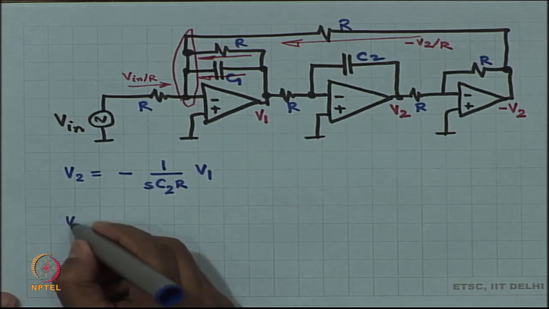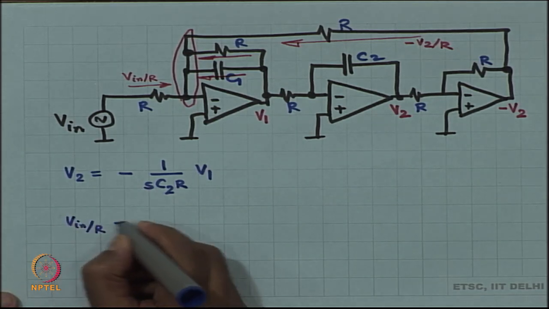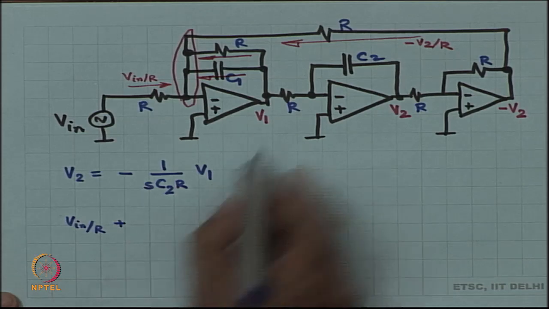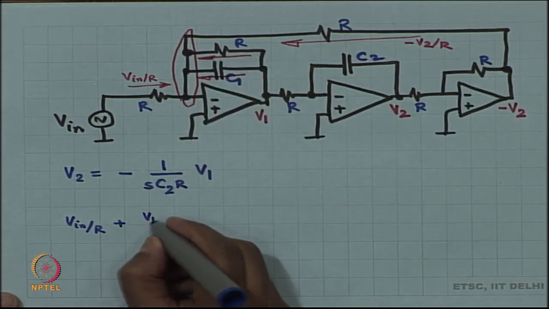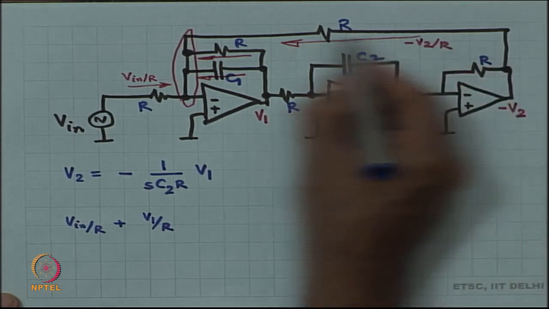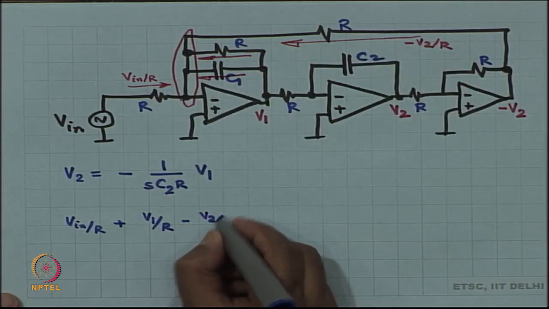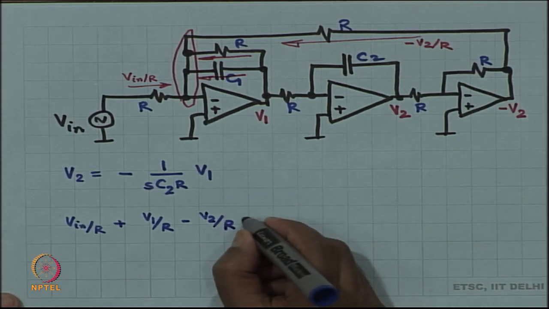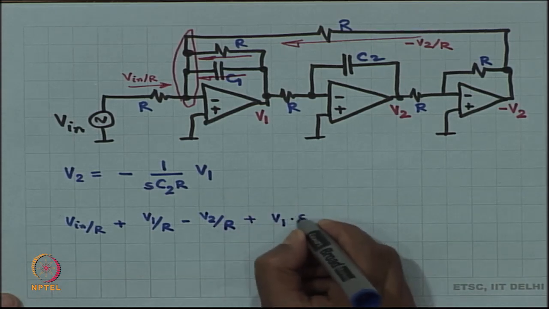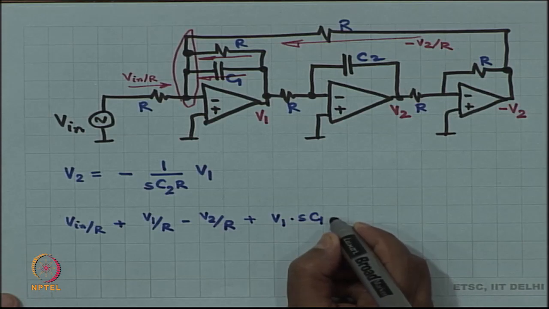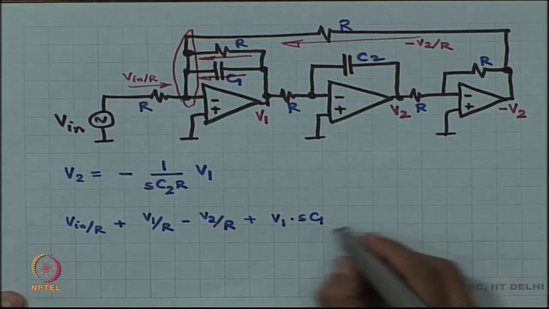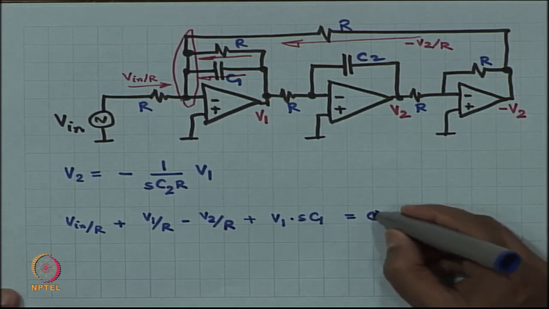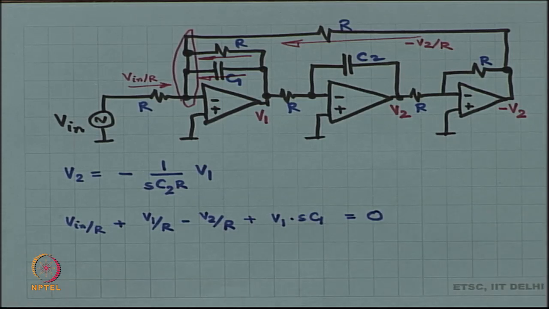You get V in by R plus V1 by R minus V2 by R plus V1 times S C1 is equal to 0. Fine. I did it this way because there were many branches over there. Okay, it was not really straightforward.